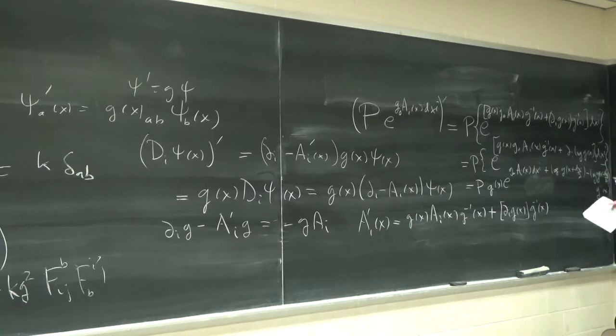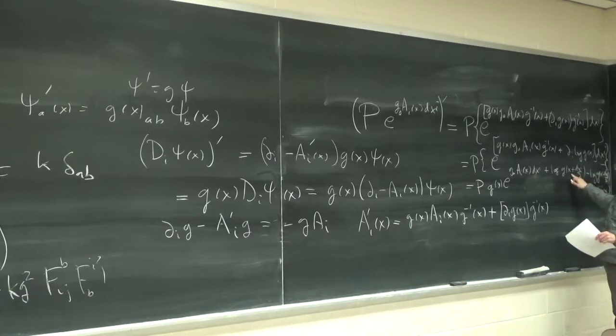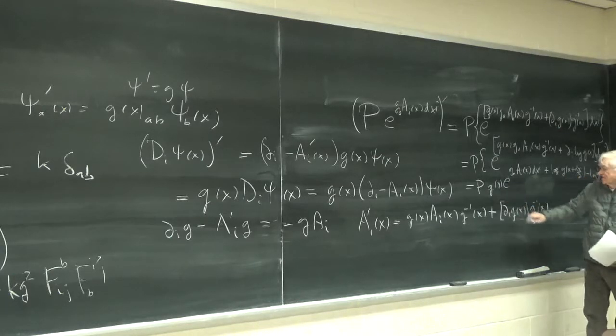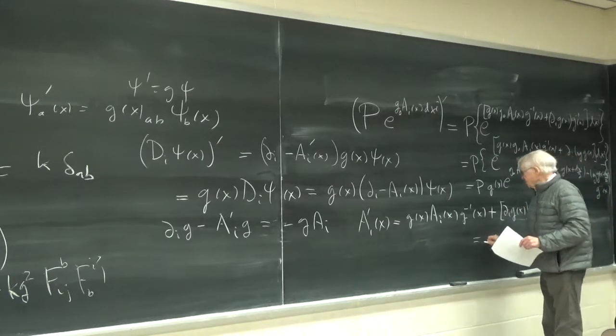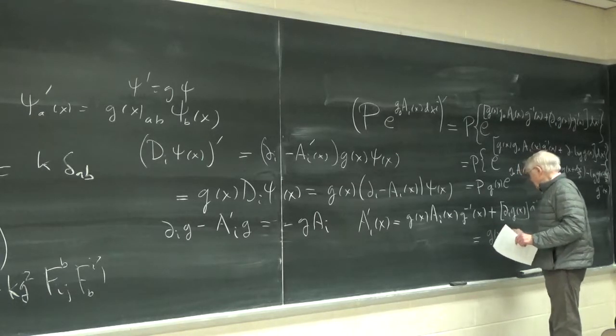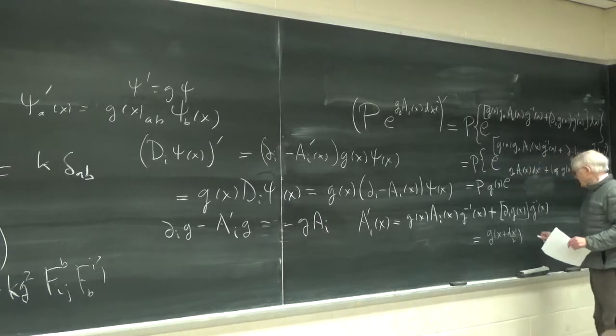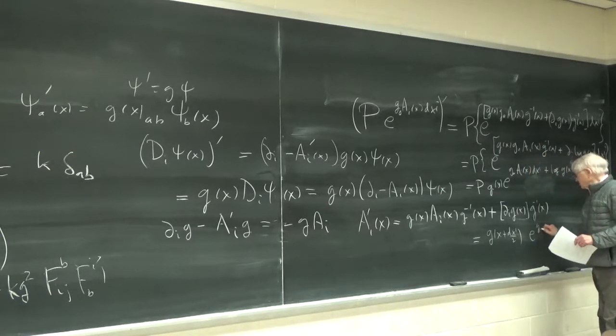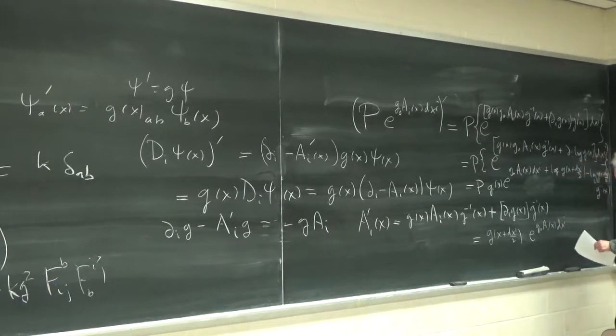But now all of this is path ordered, and so the path ordering takes this log of g of x plus dx^i over 2 and moves it to the left, and that turns into g of x plus dx^i over 2 e to the g0 A_i of x dx^i.